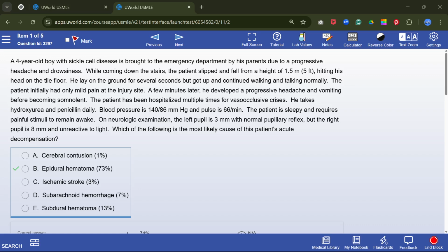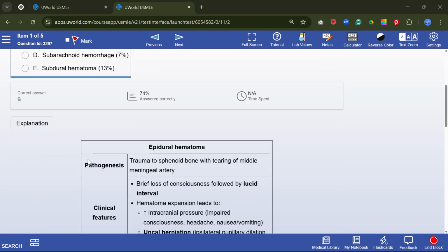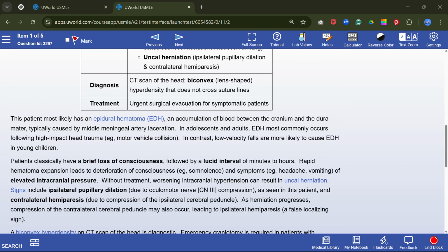So this patient is drowsy, progressively drowsy, with headache. He lay down on the ground for several seconds but then got up and continued walking and talking normally. So there is a lucid interval after his consciousness is lost, and he again regains consciousness. Looks like epidural hematoma.